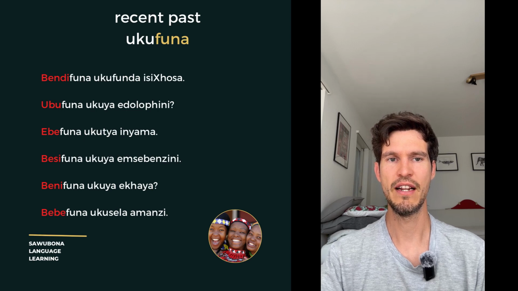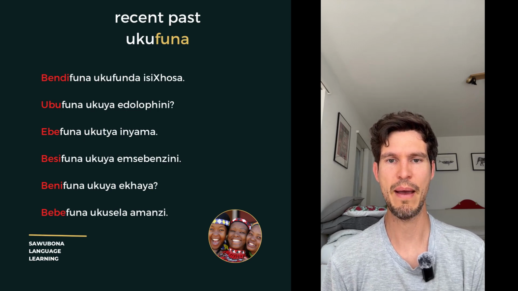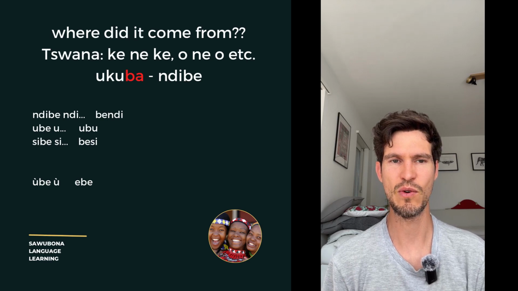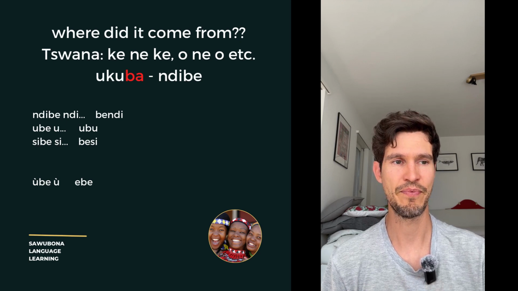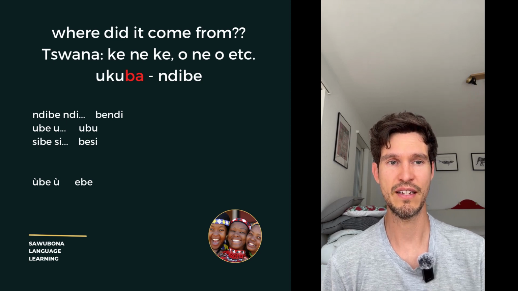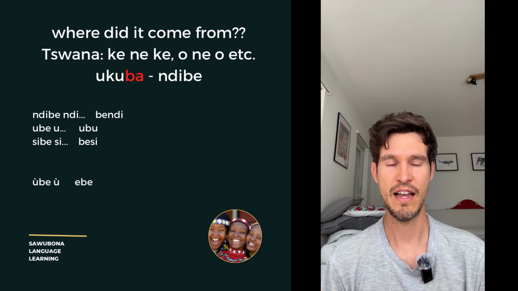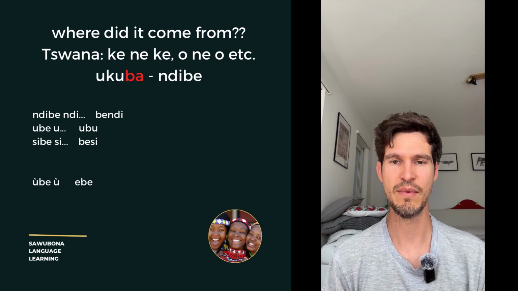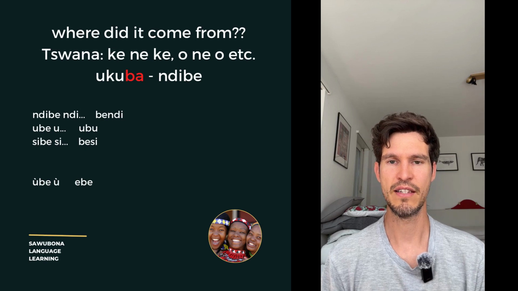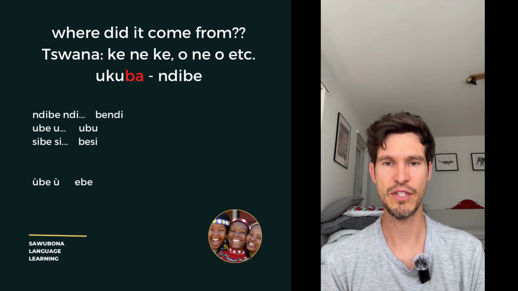So you might be wondering why most of these start with be: bendi, besi, beni, but then some of them don't, like ubu and ebe. It's actually quite interesting. At least this is my personal take on where it came from. I might be wrong here, but having studied some Setswana, I realized that this is very similar to the recent past in Setswana, where you still use the personal pronoun twice.